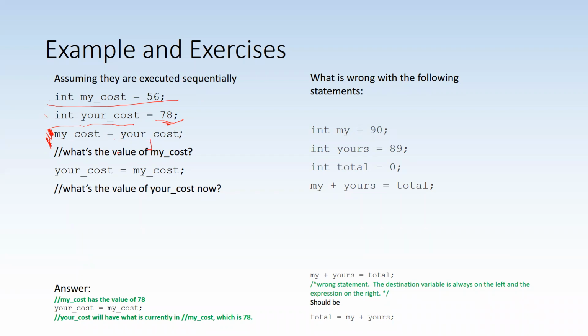Okay, so this is doing this, right? The system will go to your cost, get the value 78, and place it into the location named my cost. And now, what about this one? What is the value of your cost now?